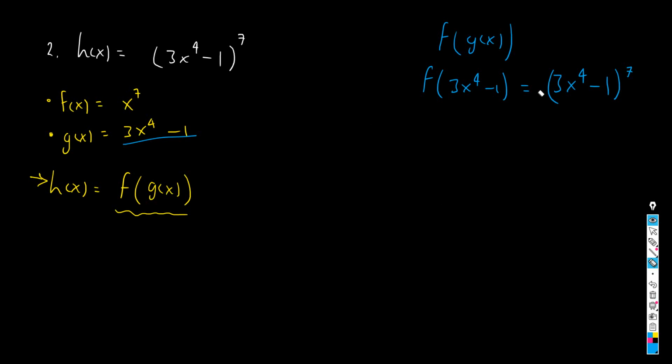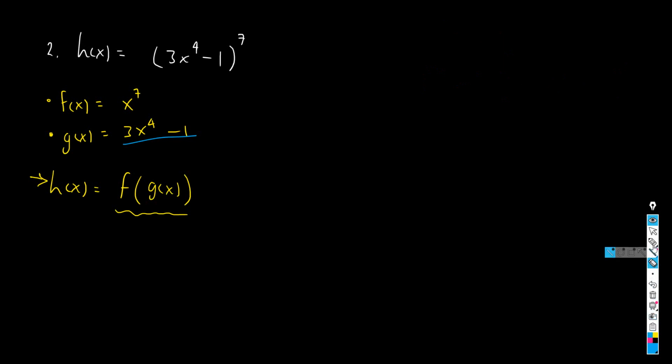So in fact, this is the same as this, which is the same as this. Therefore, h of x is actually the same as f evaluated in g of x, this composition of functions. And once I can write my main function as a composition of two functions, I can go directly and apply the chain rule.